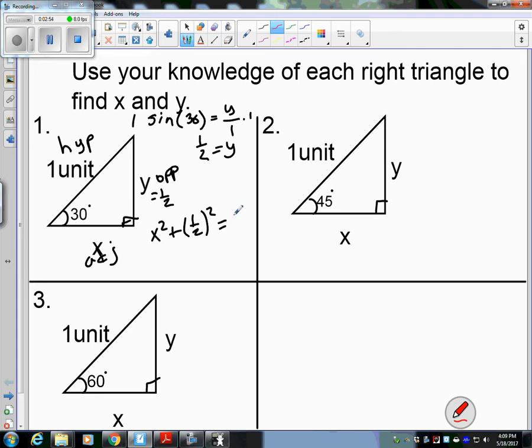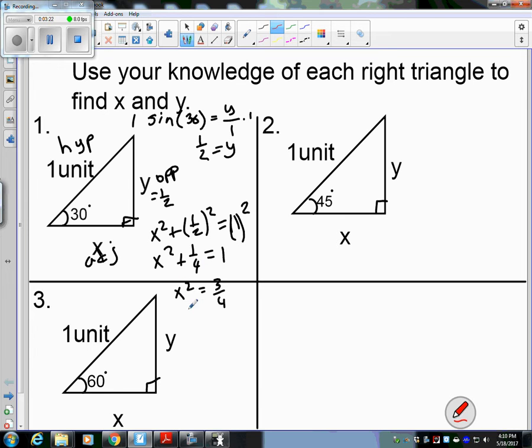So x squared plus (1/2) squared equals 1 squared. 1/2 squared: square the numerator, square the denominator, and it equals 1/4. And 1 squared is 1. Subtract 1/4 over, and you get x squared equals 3/4.